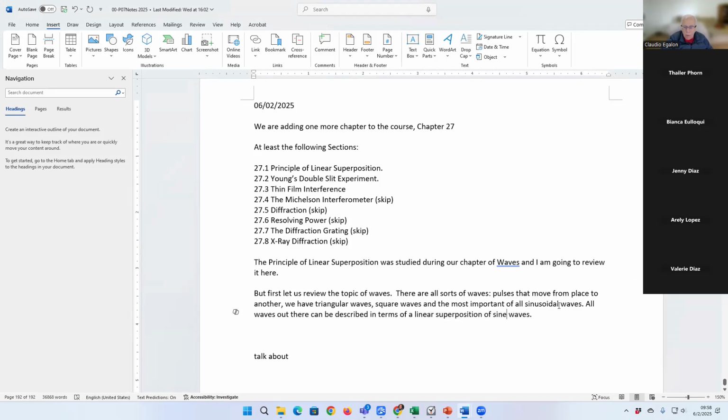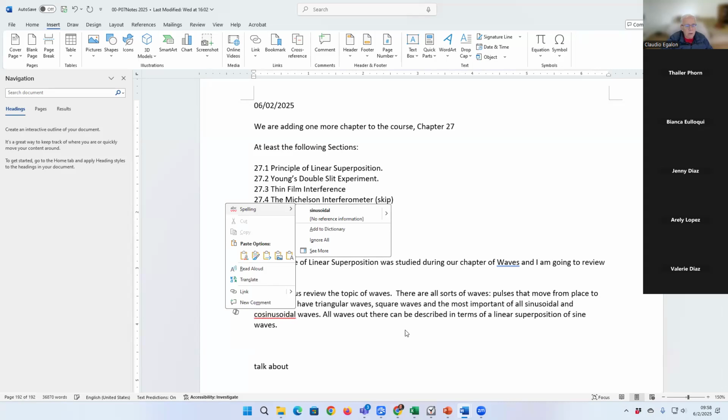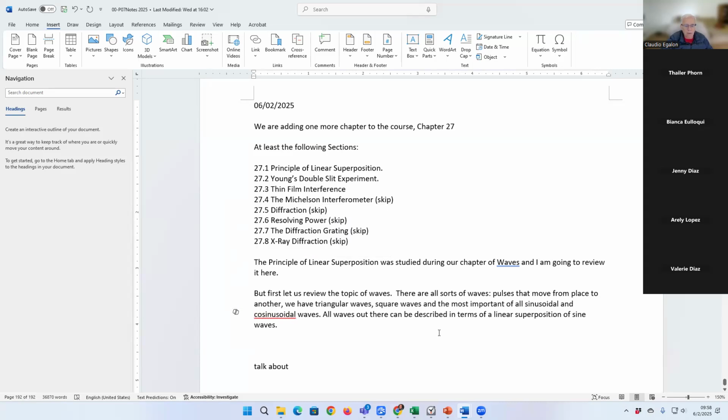Okay, of all, most important of all, sinusoidal and cosinusoidal waves. All waves out there can be described in terms of a linear superposition of sine slash cosine waves. Okay?